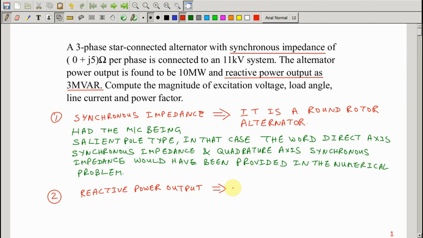Let me write that. This implies that the alternator is delivering reactive power output.